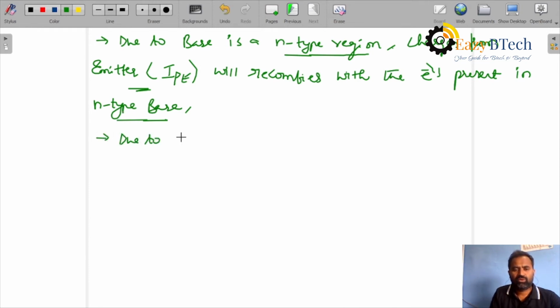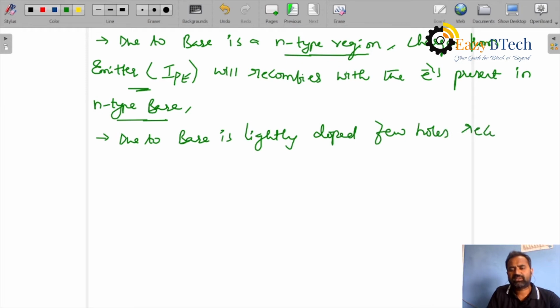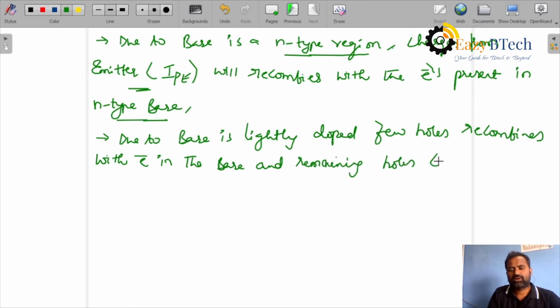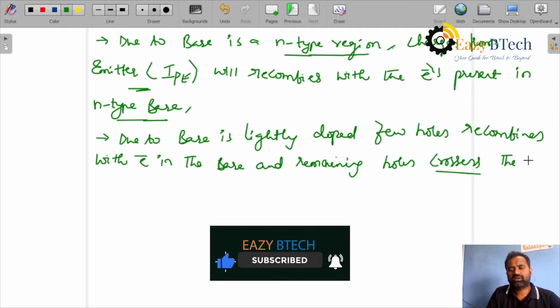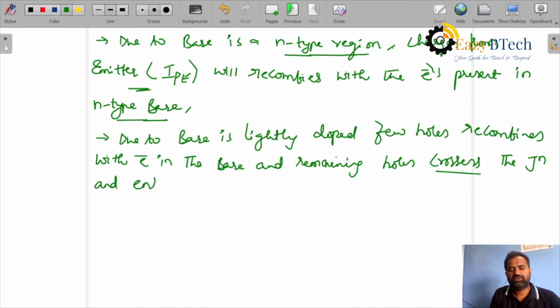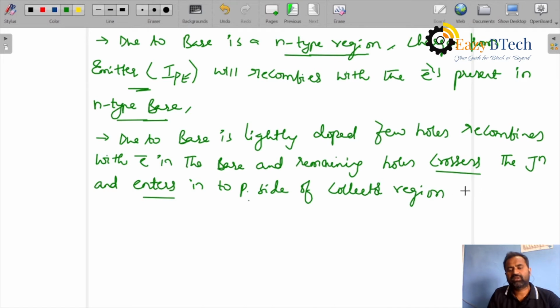Due to the base being lightly doped, few holes recombine with electrons in the base, and the remaining holes cross the junction and enter the P side of the collector region in the form of IPC current.